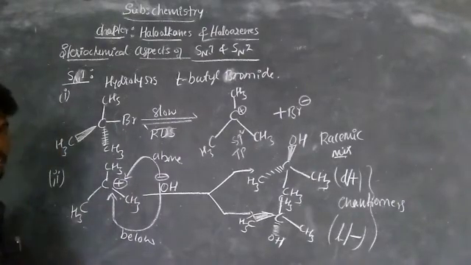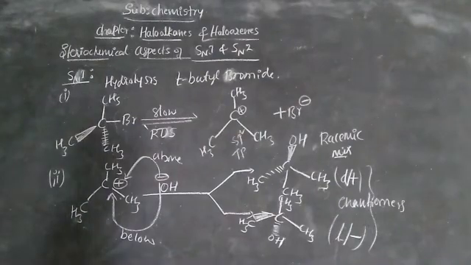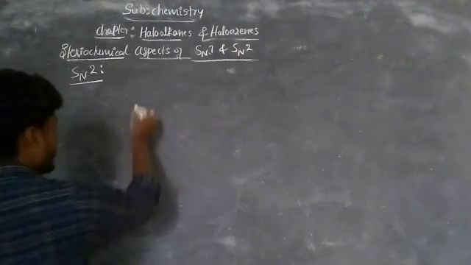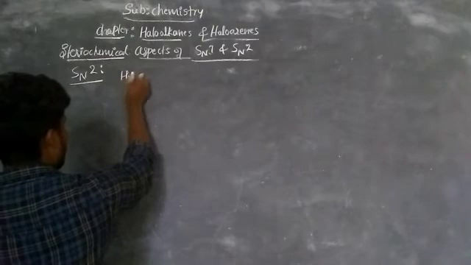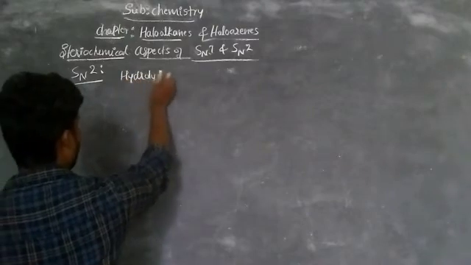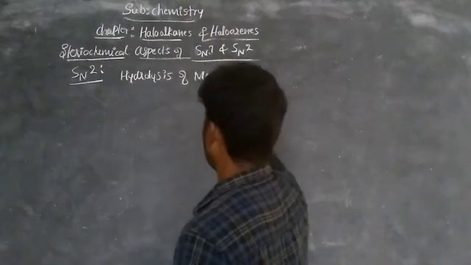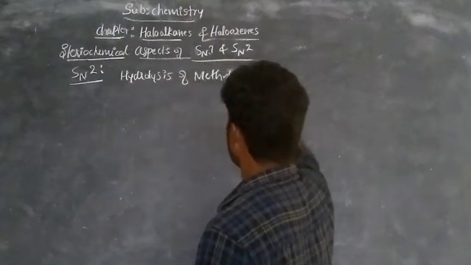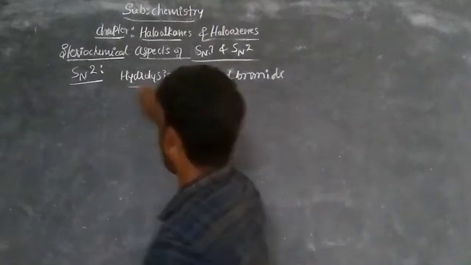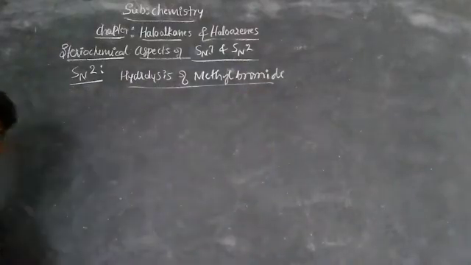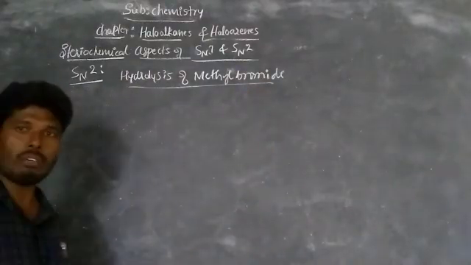Take the SN2. In SN2 we take the example of hydrolysis of methyl bromide. This mechanism involves only one step, right?